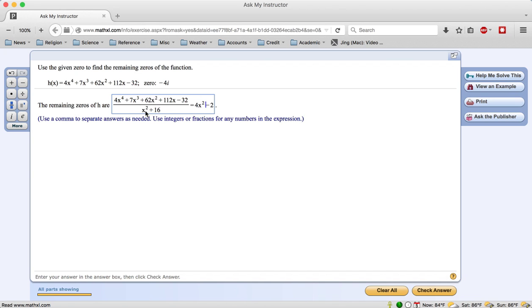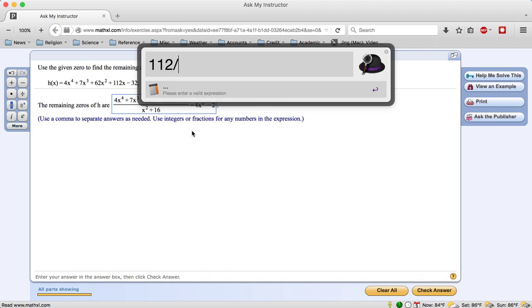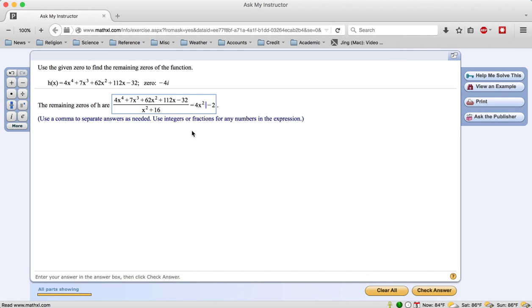When I multiply x squared by anything, I'm going to get squared terms. What's 112 over 16? 7. So that must be plus 7x. There we go. And so this right here is the quotient when I divide those two out.